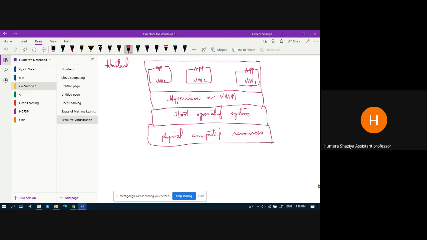Directly on the hardware resources, you are installing the operating system, and on top of the operating system you install a layer of virtualization, also known as hypervisor or virtual machine monitor. On top of the virtual layer you have virtual machines, and applications run on them.